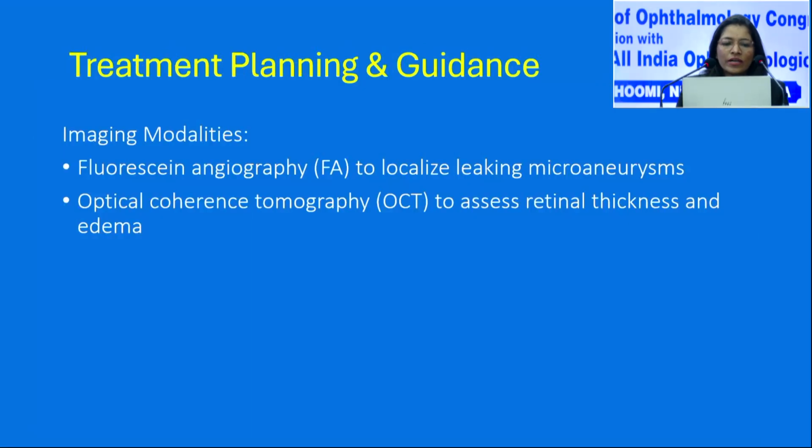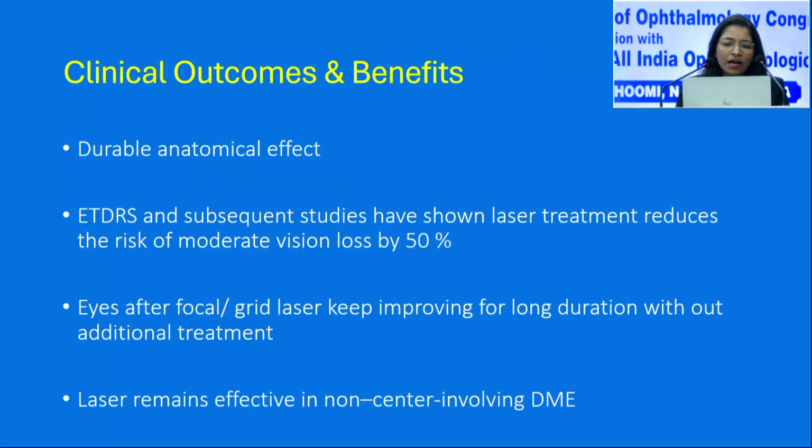When we plan the treatment, we do a few investigations, like fluorescein angiography to locate the leakage points. For diffuse or grid laser, we do OCT to locate the retinal thickening. Clinical outcome and benefits: it is very durable, with anatomical effects.